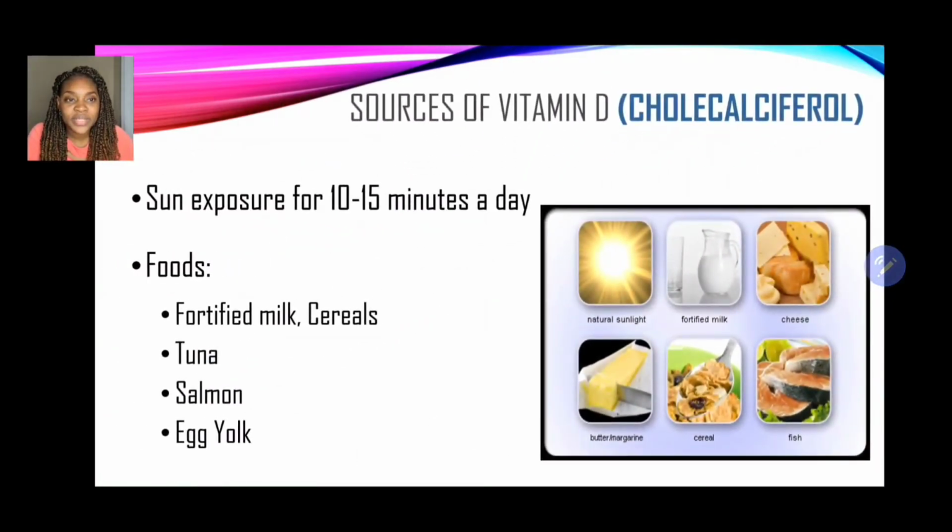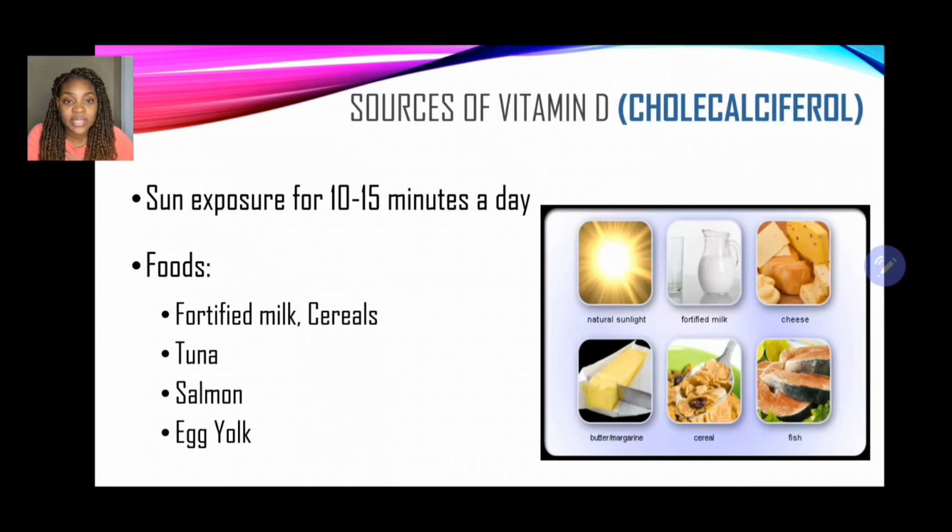All right, now sources of vitamin D or cholecalciferol include sun exposure for 10 to 15 minutes a day. Now, we're not speaking of the blazing hot sun, but that warm sun that you may find in the morning, or that late evening sun that is not as hot as the midday sun, right?